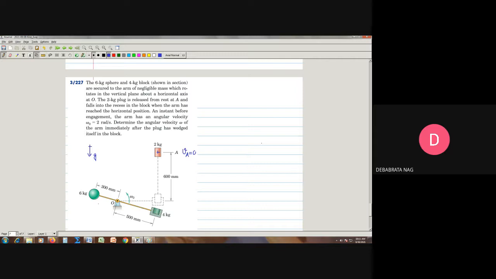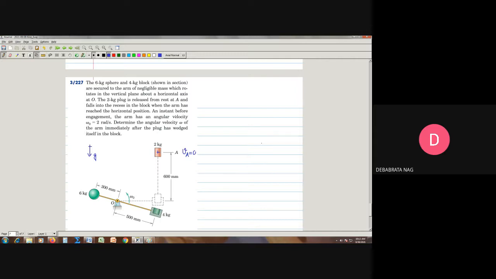Synchronized in the sense that it is rotating in the counterclockwise direction as seen from the front, and when it comes to this horizontal position, that means this angle is equal to 0, at that particular situation this one comes and gets fitted into this recess. So it goes into the recess and gets plugged with each other.